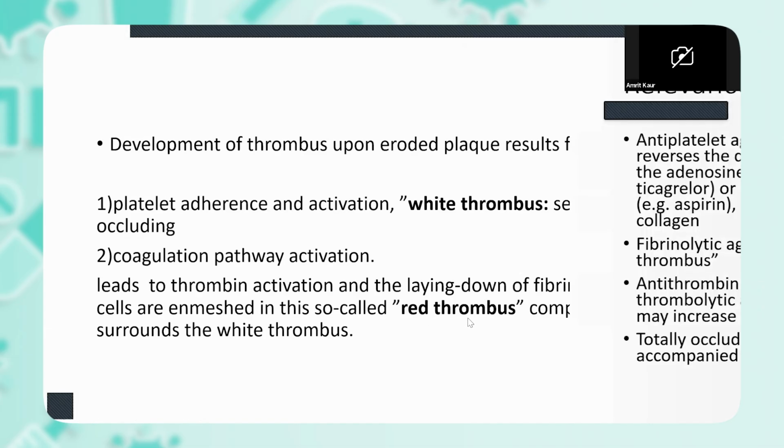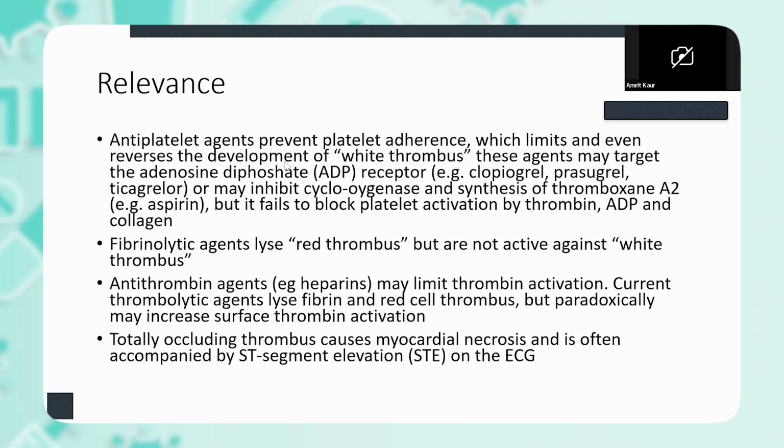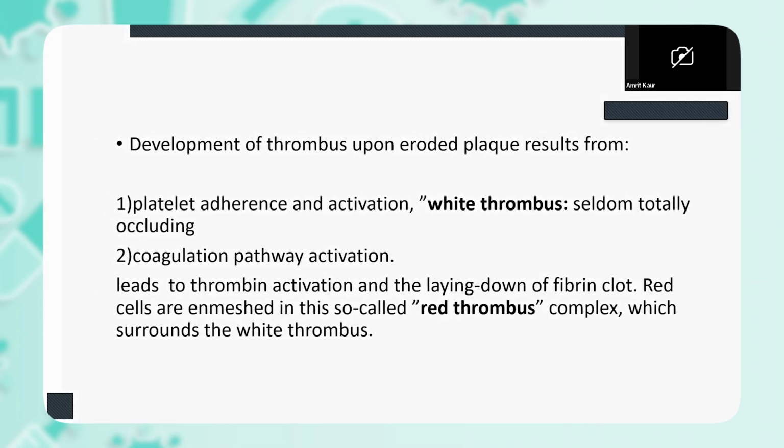And this is important because our two major therapies are antiplatelets, which act on the white thrombus. These are antiplatelet agents. They can be aspirin and ADP receptor antagonists. And the fibrinolytic agents, they act on the red thrombus, but they do not act on the white thrombus. And that is why we should be mindful what therapy we are using and what pathophysiology it is acting on.